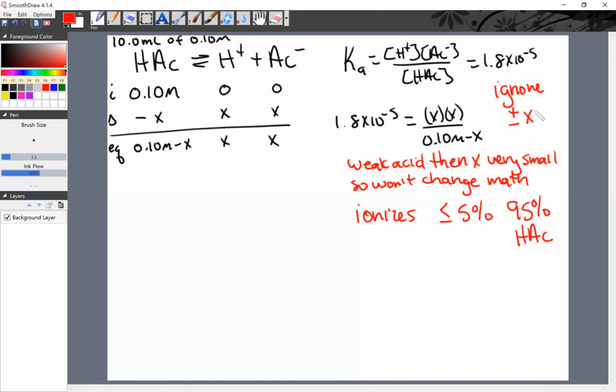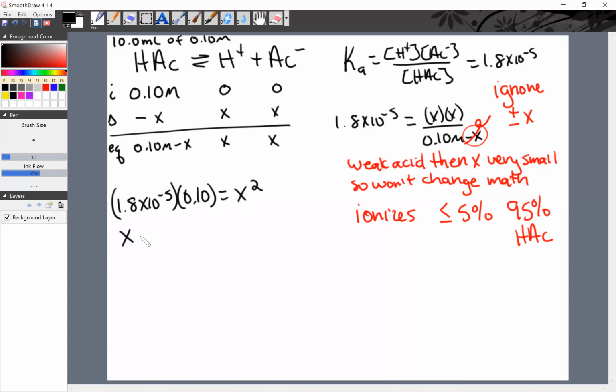I can't ignore the top x's, but this one right here, because I'm subtracting it from a quantity, I'm going to assume that's so small that it's not going to affect my quantity, and so I'm going to get rid of it. I'm now going to calculate that out. So 1.8 times 10 to the minus fifth times 0.10 is equal to x squared.